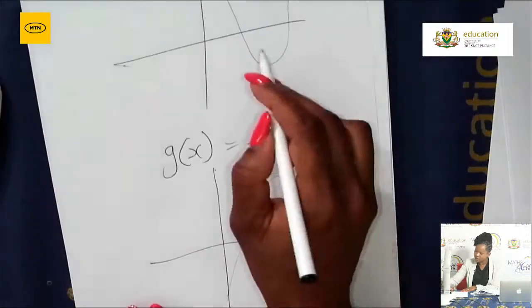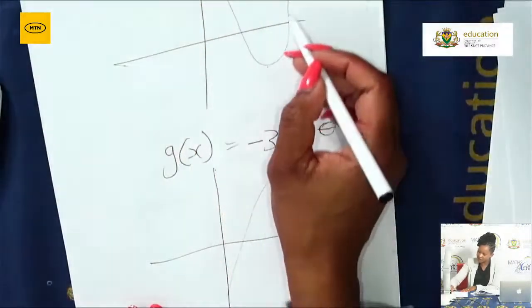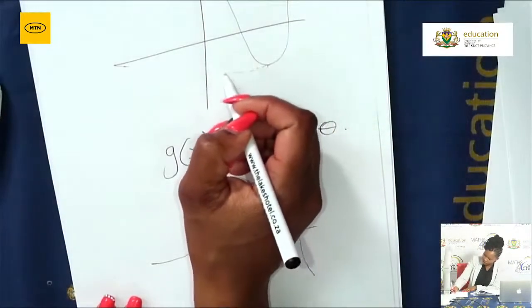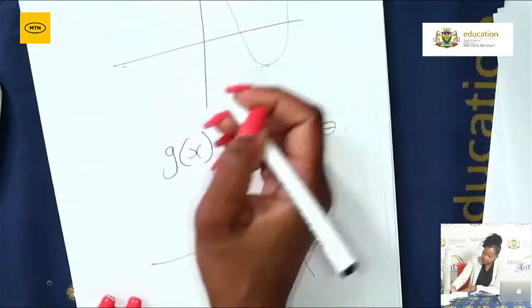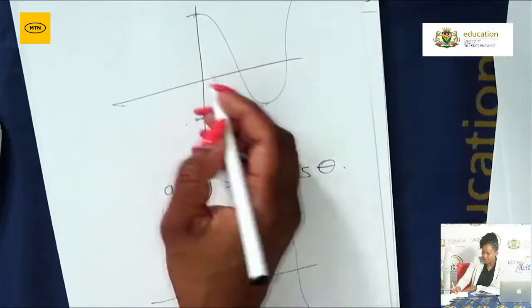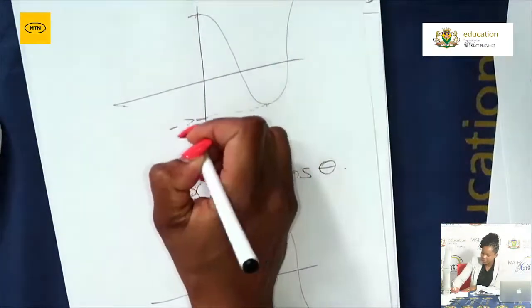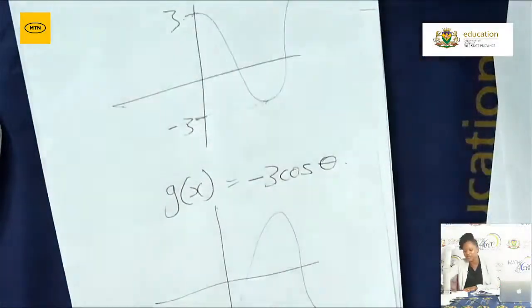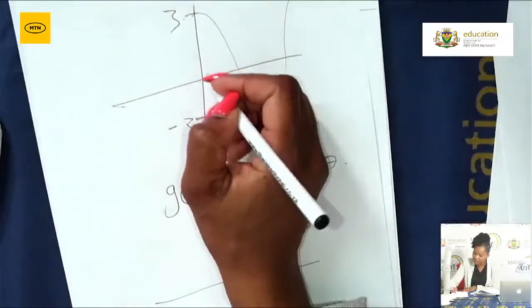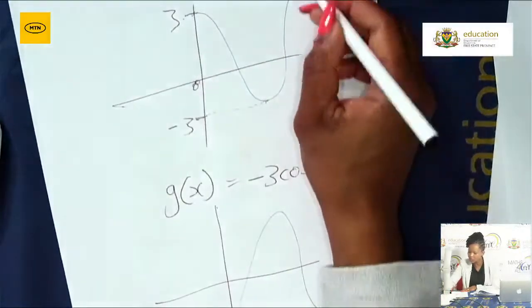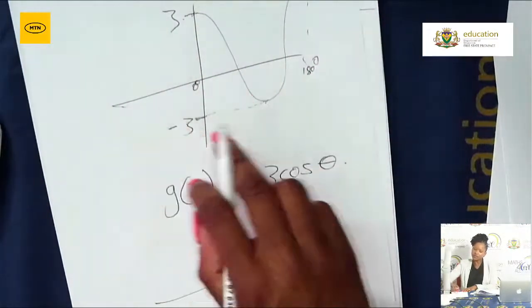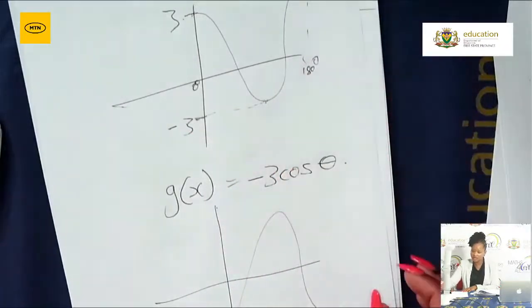But if it's positive, you will have this shape. Your cos graph has also got the range. So if it's turning here at -3 and there at 3, it means your range will be from -3 to 3. So if we are having our cos graph from 0 degrees to 180 degrees, it means your domain will be from 0 degrees to 180 degrees.